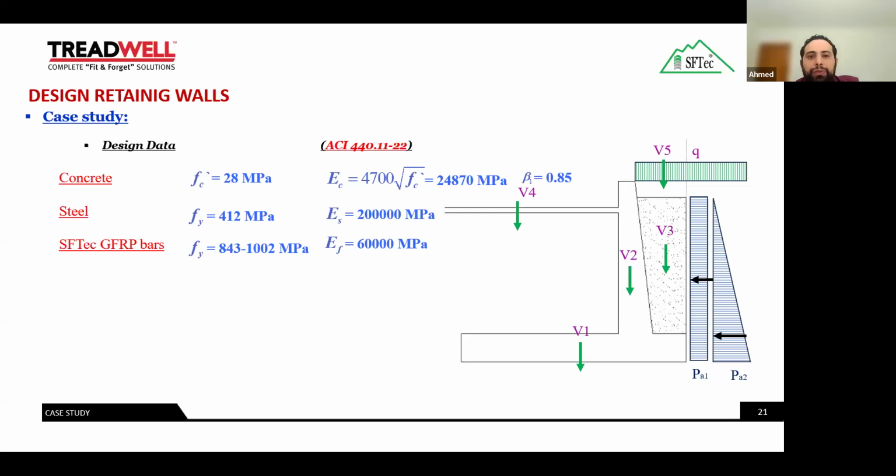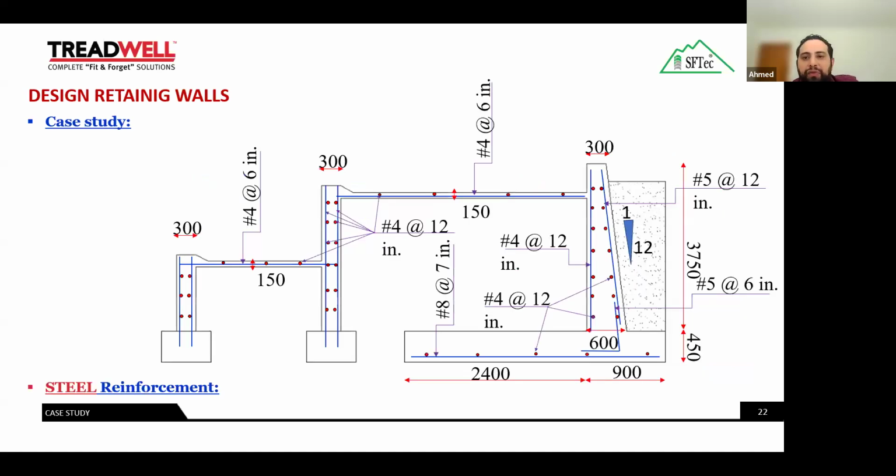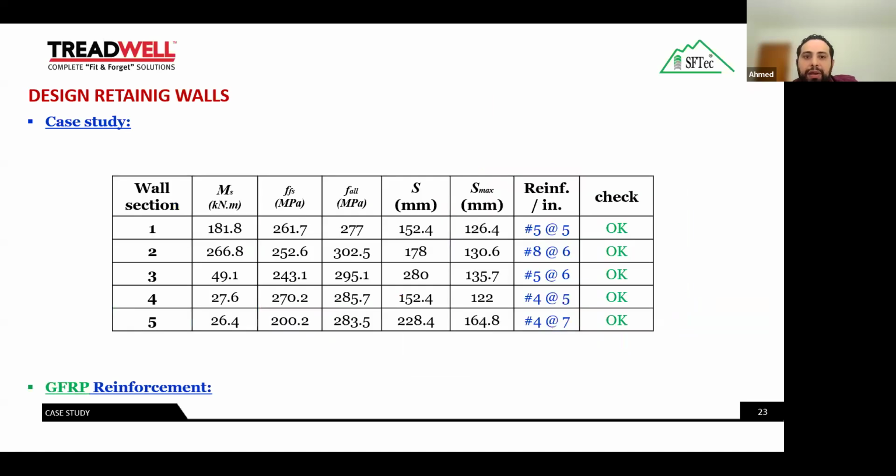This slide shows the reinforcement layout for both steel and GFRP reinforcement. In this slide, we present the steel reinforcement. Due to the different mechanical properties of FRP materials, the reinforcement spacing and the bar sizes may differ slightly from those used for steel reinforcement. However, the structural performance requirements are fully satisfied.